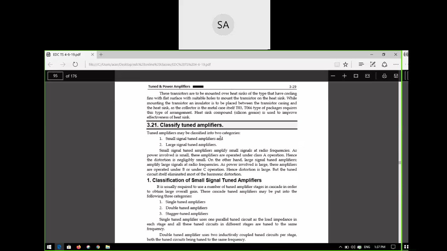So it tunes to a particular frequency and rejects all other frequencies. For the purpose of selecting a particular frequency, we are using tuned amplifiers. So they are also called narrow bandwidth amplifiers, or selective filters, selecting particular frequencies.